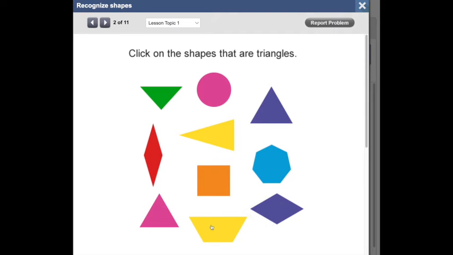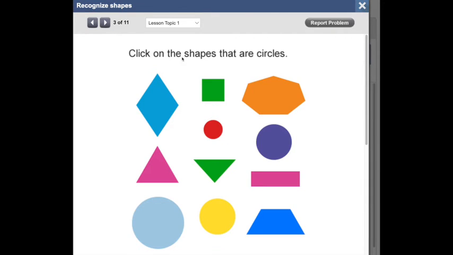And it does have 4 sides, so this is in the quadrilateral family. And we'll be talking more about those later. And this one is not a triangle. 1, 2, 3, 4 sides. That's a quadrilateral. We'll talk about those later. Let's go look at some other shapes.